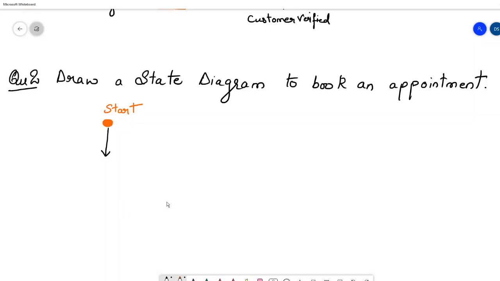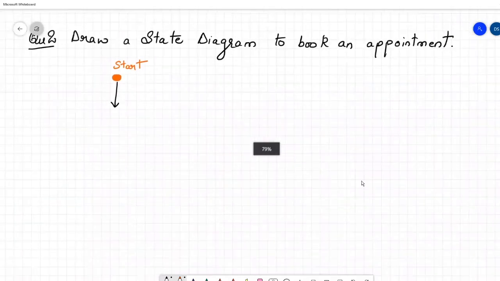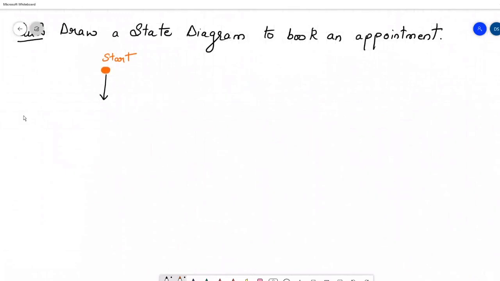So we can call it a single process, or we can draw it in different states also. Here let me show you how we can draw a diagram in a different manner. If many things are included in a single process, I'll just say that if you have requested an appointment, the person would check his calendar.